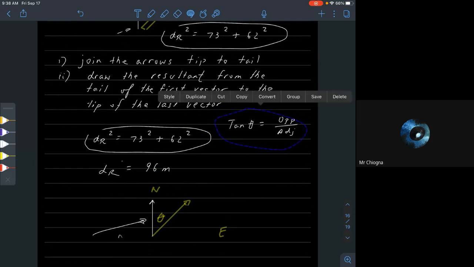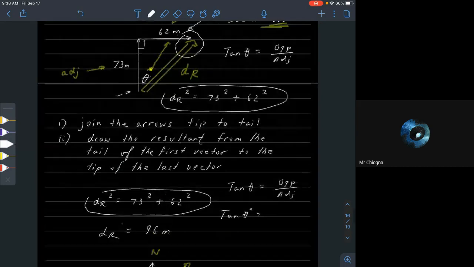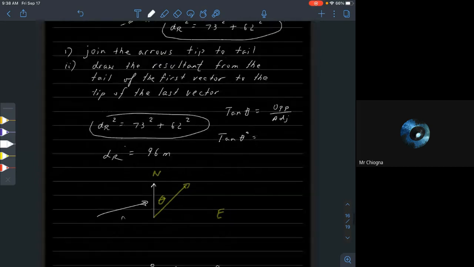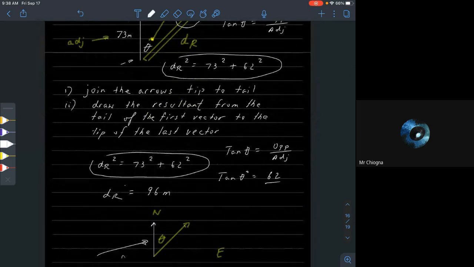Okay, tan is that. In this particular case, tan of the angle is opposite. What's the opposite side? 62. Right? That's the opposite. Adjacent is 73. What do you get for the angle?